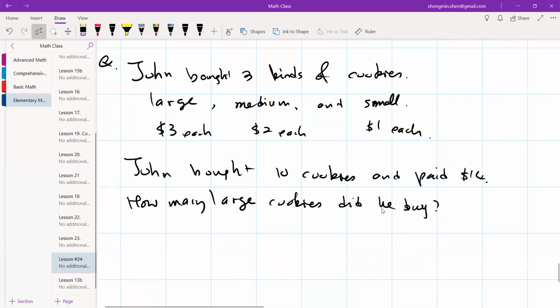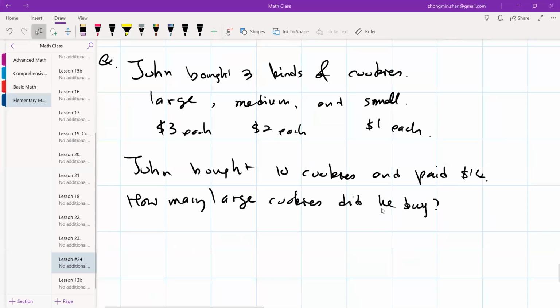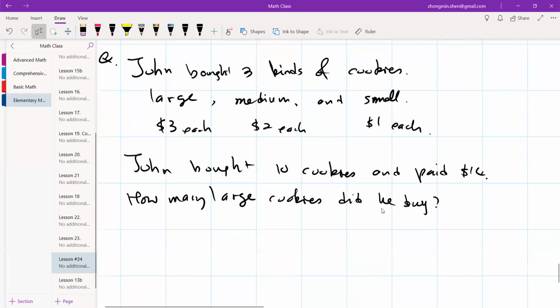It's possible. No, you have to buy at least one kind of cookie each. You cannot say, I only buy large cookies.